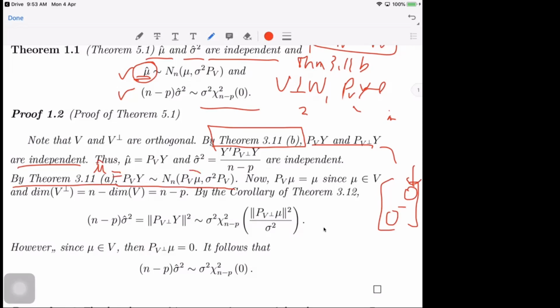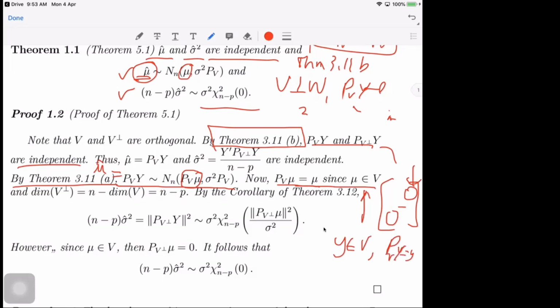And then this is true because if you have a result also that if y is in v, right, if and only if the projection of y onto v is y. That is a result.